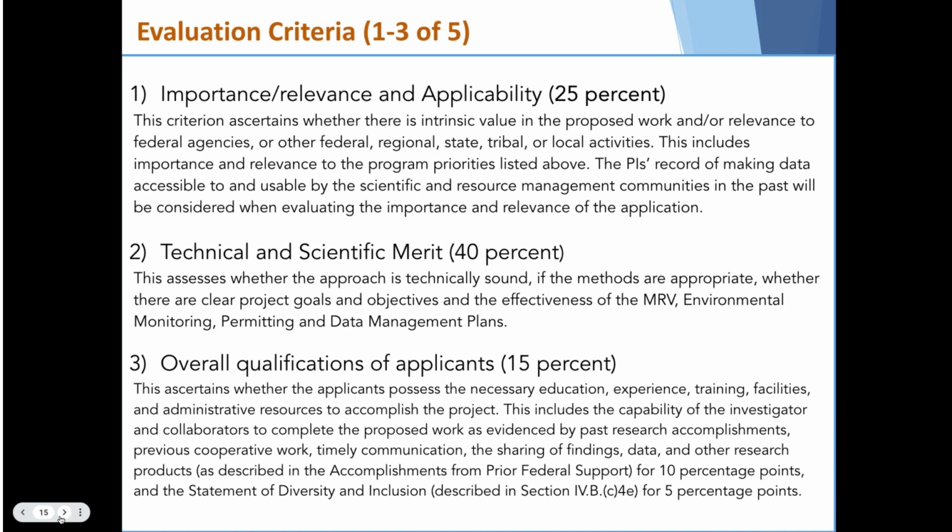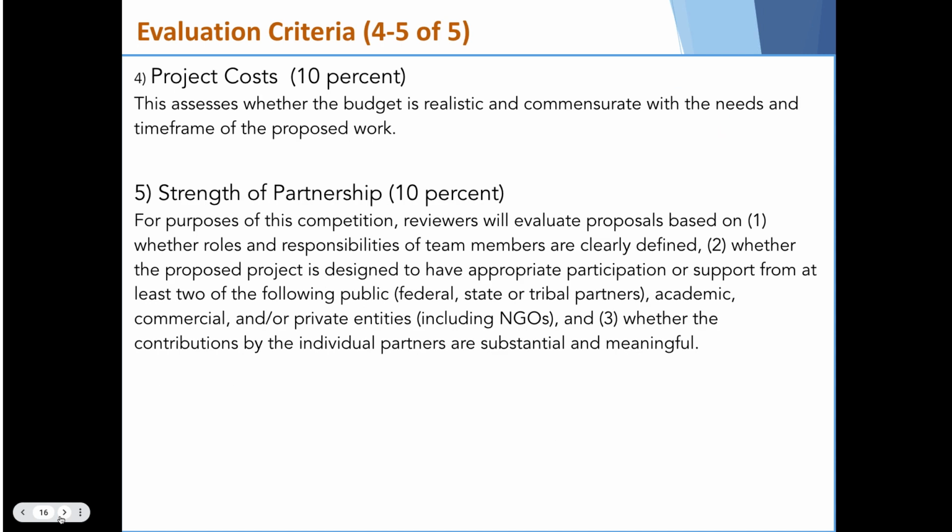So the proposals will be assessed based on 5 total criteria, which will be detailed here in the next 2 slides. The first criteria is the importance or the relevance and applicability of the proposed work. This criterion ascertains whether there is intrinsic value in the proposed work and/or relevance to federal agencies or other federal, regional, state, tribal, or local activities.